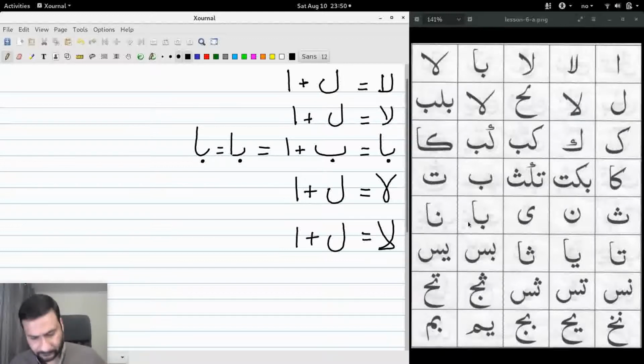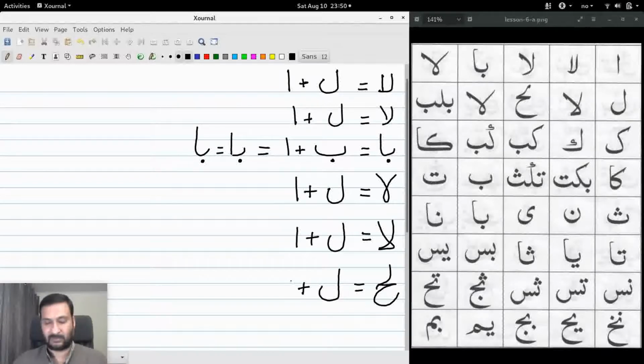All right. So the next word combination is lam ha. Two letters, lam and ha, appear here. I will just write them first as they are written. I can't use the exact calligraphy method, but I'm going to demonstrate it to you. It's made up of the full letters lam and ha.